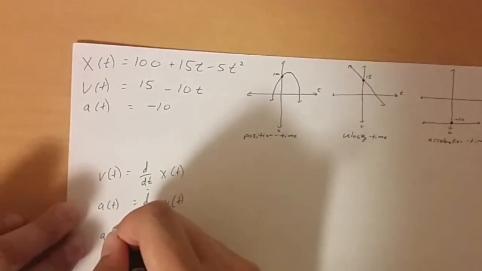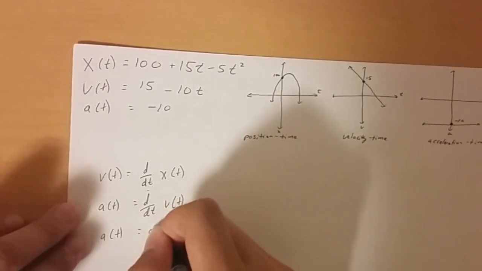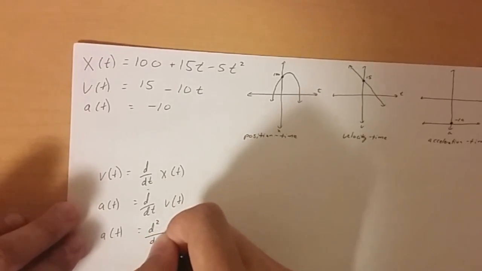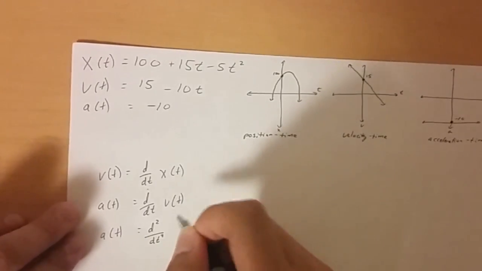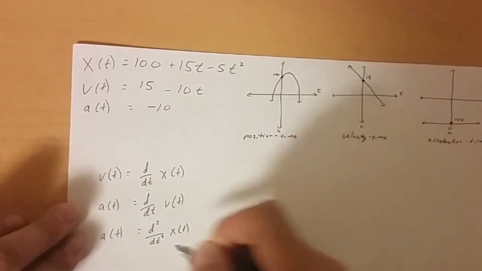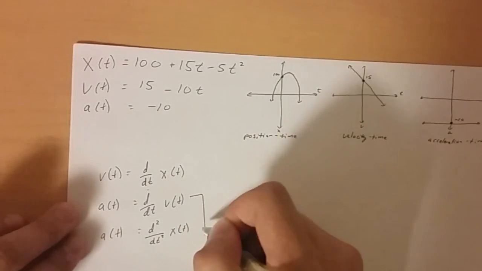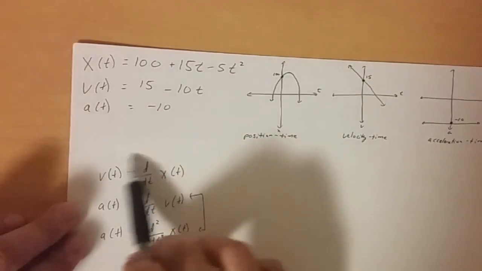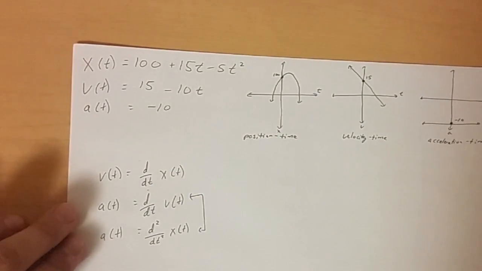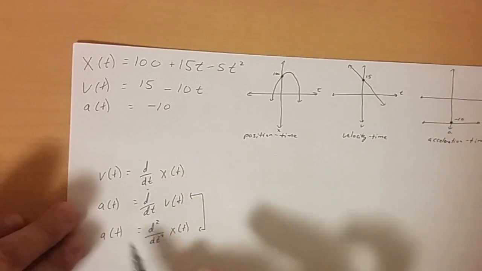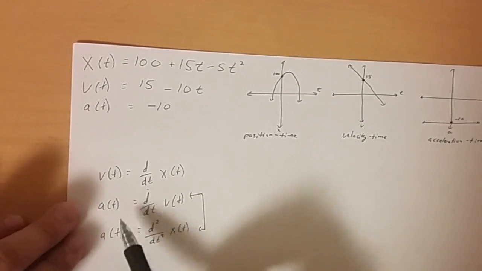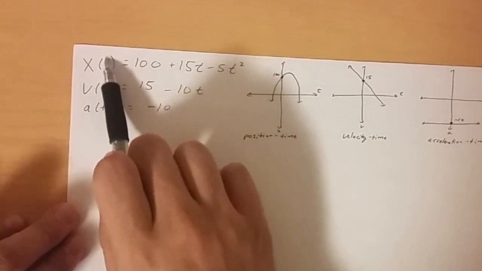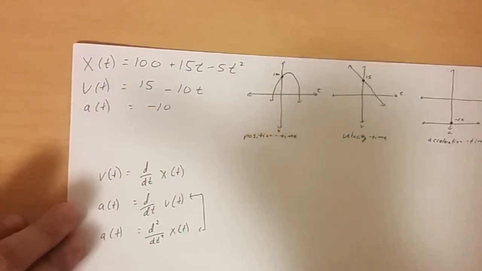We can also say that acceleration is the second derivative of the position function. So these are the same thing, basically, by this definition here. So these are the relationships we can take, and we can go and derive and come this way to get these functions.